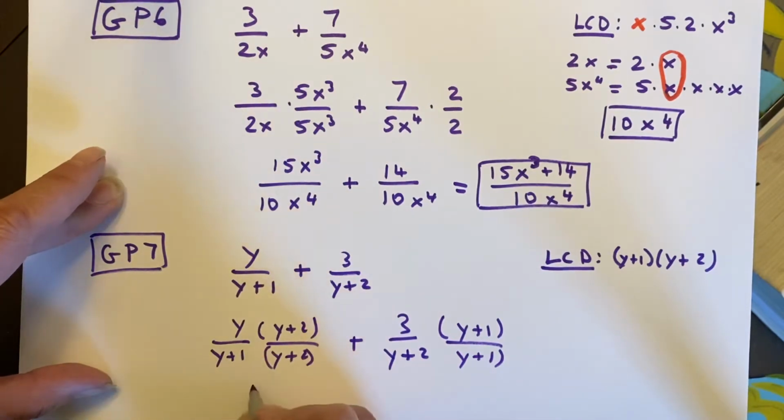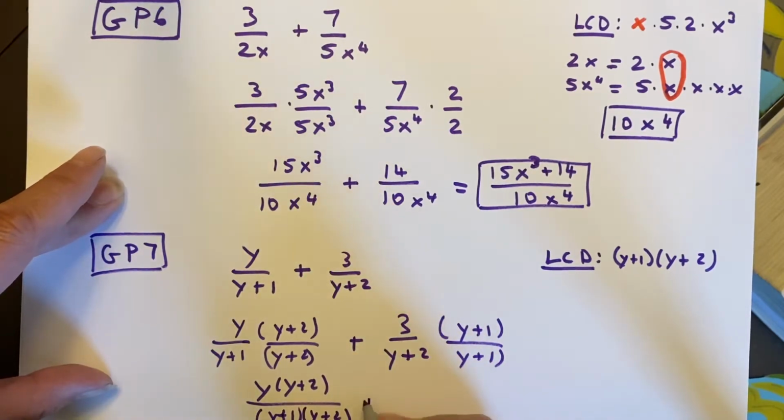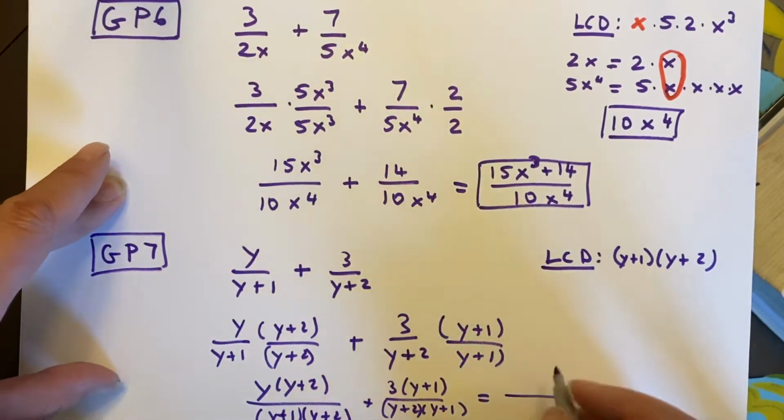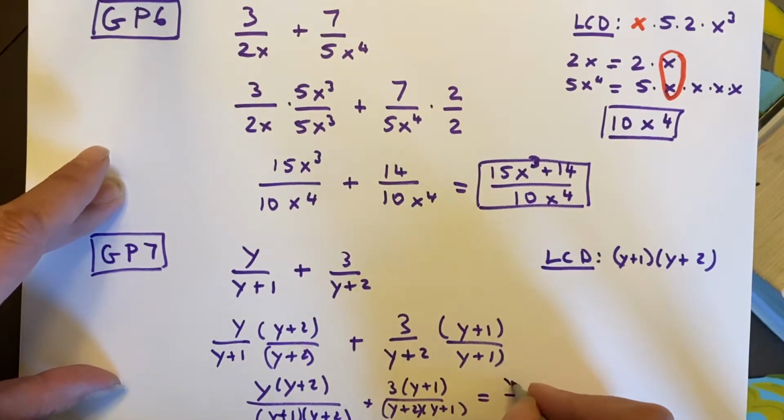Then I now have in the numerator y times y plus 2 over y plus 1 times y plus 2 plus 3 times y plus 1 over y plus 2 times y plus 1. I'm going to combine these all in a single fraction. So I'm going to multiply it all out.